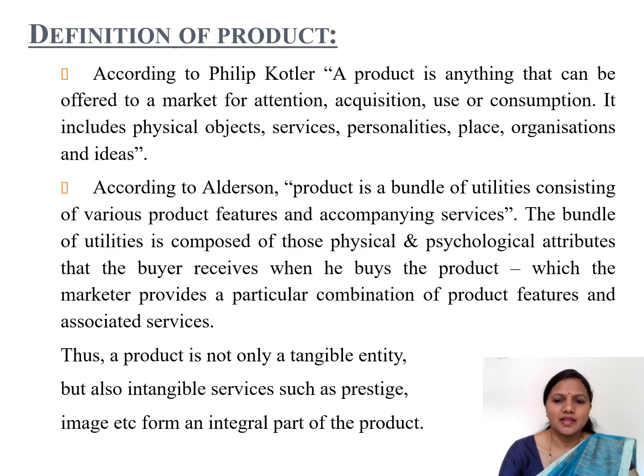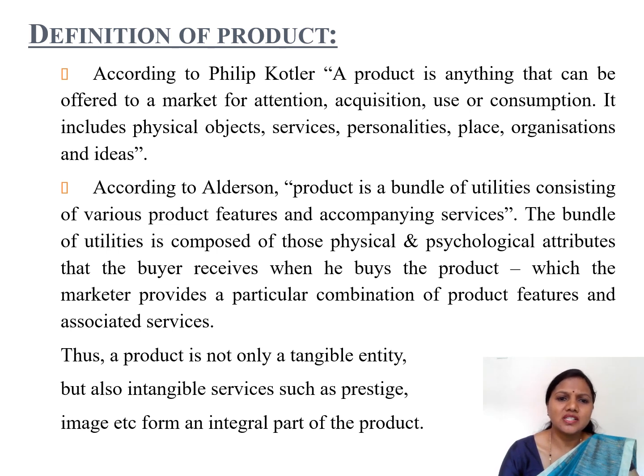Next, let us see the definitions. According to Philip Kotler, a famous marketing author and professor, a product is anything that can be offered to a market for attention, acquisition, use, or consumption.